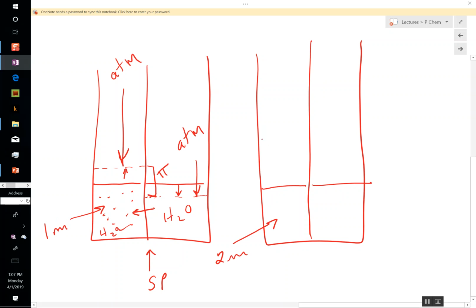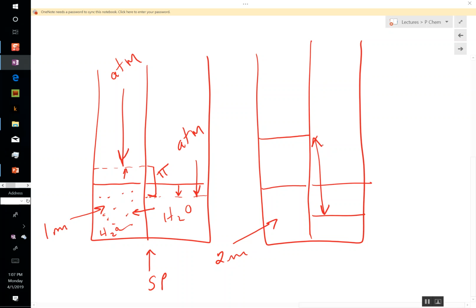What you're going to find is a bigger separation in the heights of those two columns based on the concentration. These are just going to be 2 times higher, a 2 times increase in concentration. Let's look at the equation here. I think it would be just a factor of 2 different.